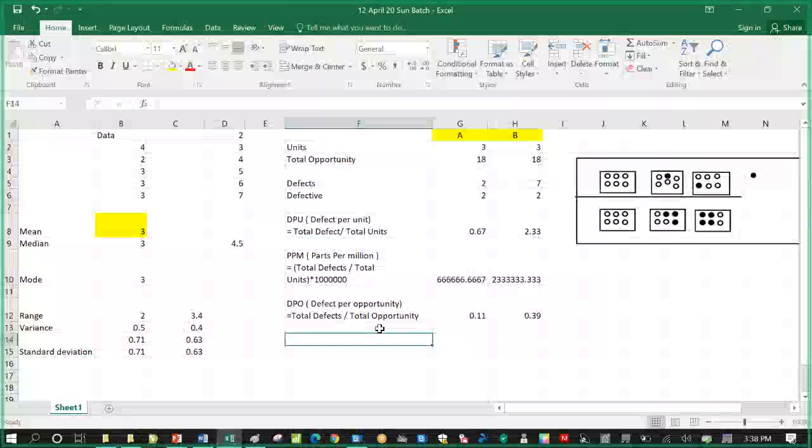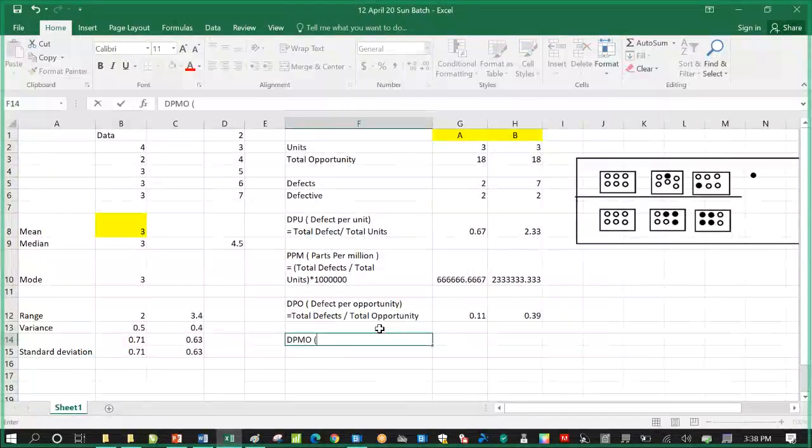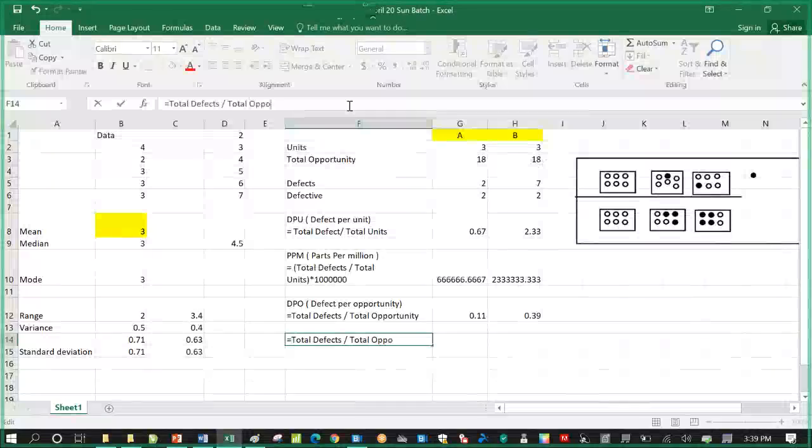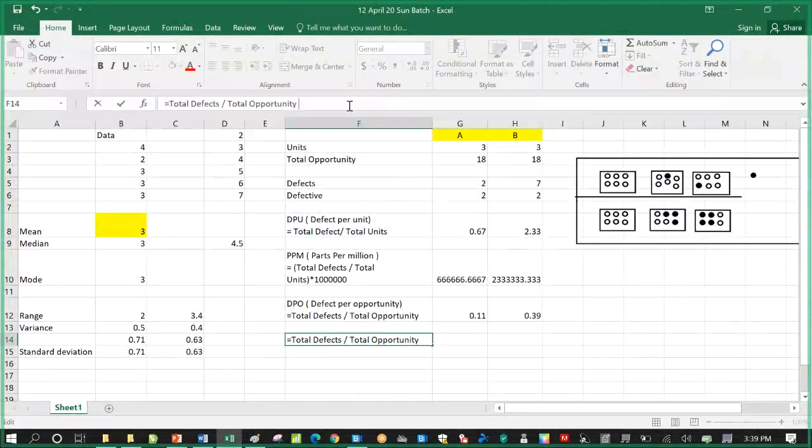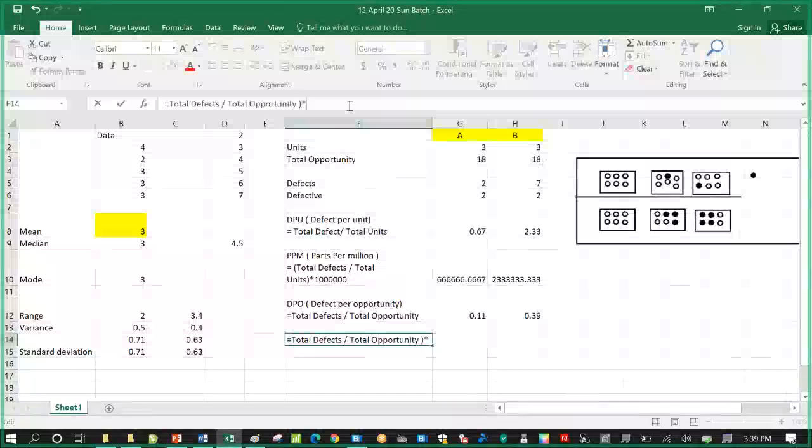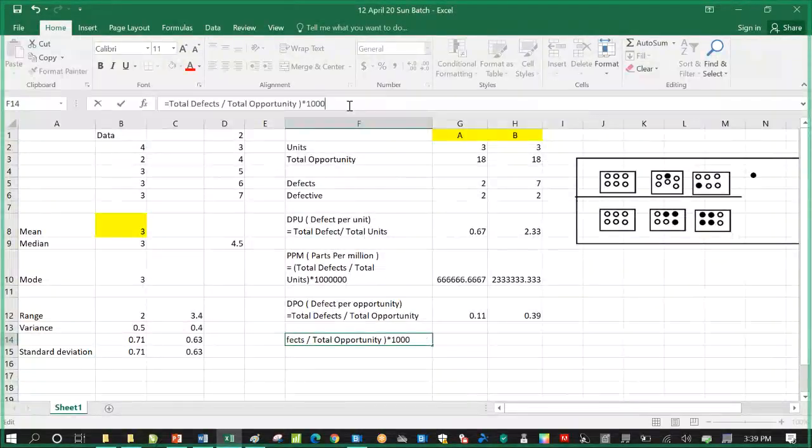Then the last one is DPMO. This you would have initially heard today. Defects per million opportunity. 3.4 defects per million opportunity. That is for Six Sigma level. Correct. Yes. So how do we calculate this? Total defects divided by total opportunity into 1 million.